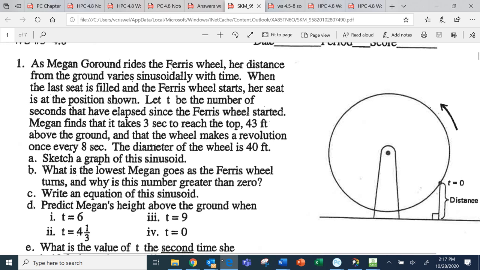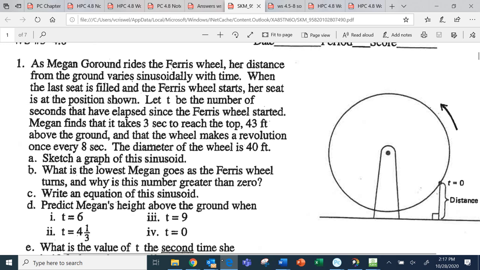Let t be the number of seconds that have elapsed since the Ferris wheel started. Megan finds that it takes 3 seconds to reach the top, which is 43 feet above the ground, and that the wheel makes a revolution every 8 seconds. The diameter of the wheel is 40 feet.